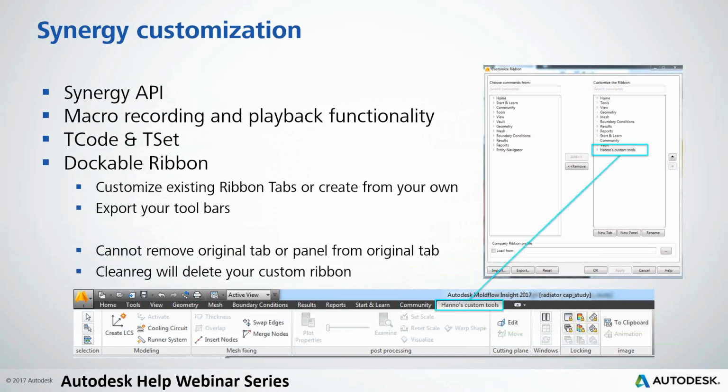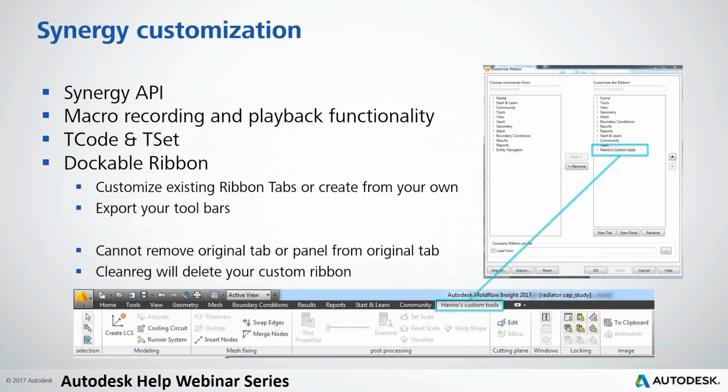And as I say, introduced in 2017, we have the chance to make new ribbon panels where we could copy again the same buttons that we have spread around the different ribbon panels. In this case, I took a couple of screenshots from Hanno's presentation.